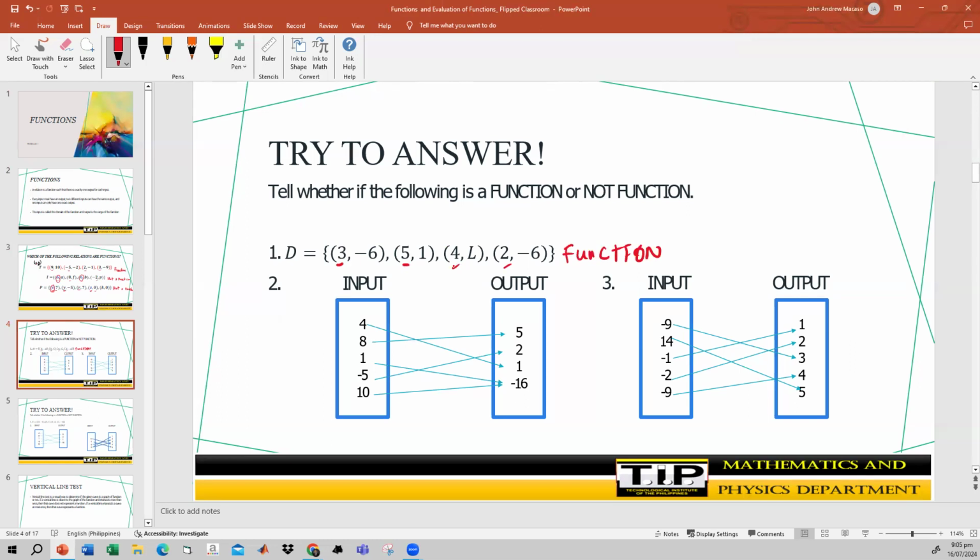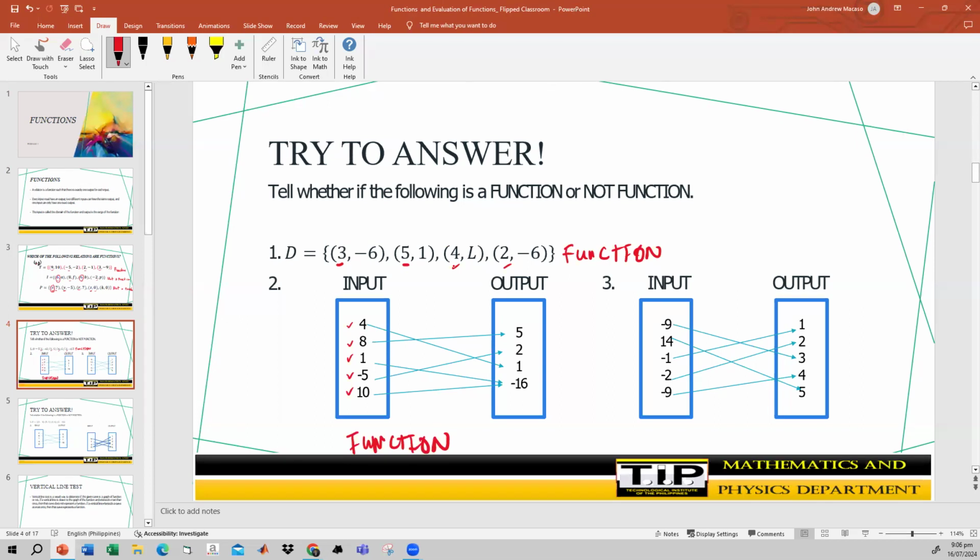As you can see here, upon checking, in every input of this given graph, it is being mapped to exactly one Y. So in this case, this is a function.